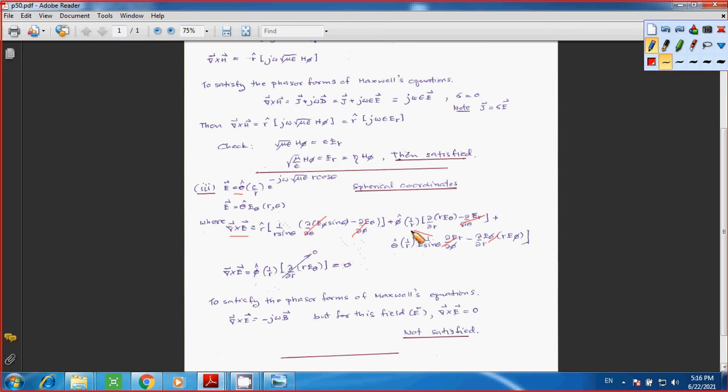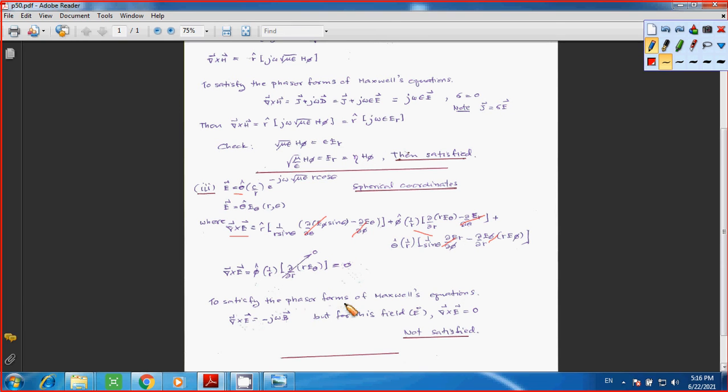You have only the phi component, 1 over r, and you differentiate d by dr of r E theta. When you multiply r by E theta, you have only a constant left. So curl E equals 0.